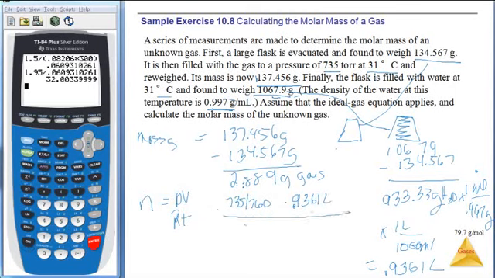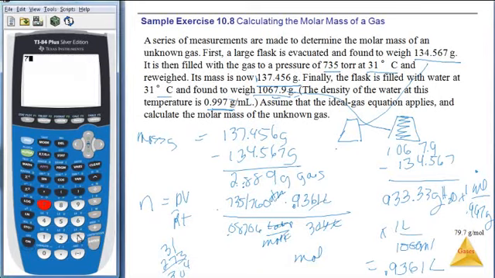And my R is 0.08206 liters atmospheres over moles K. This is atmospheres here. And my K is 31 C, 31 plus 273 is 304. So that's 304. All of my units will cancel. Liters atmospheres, I'll be left with moles.